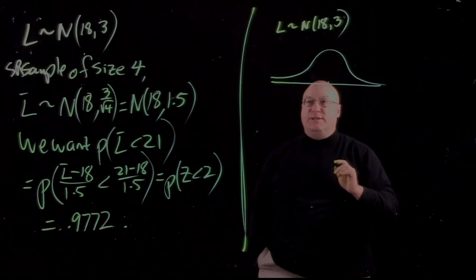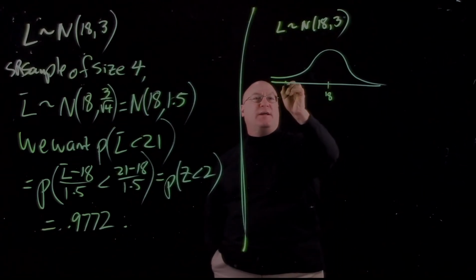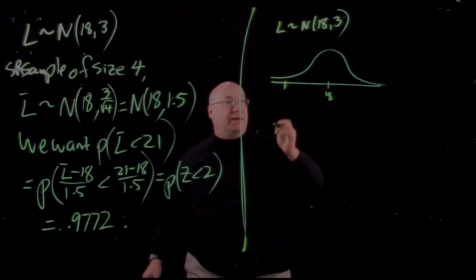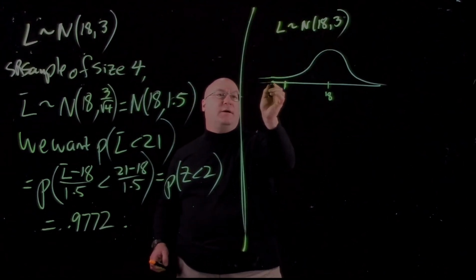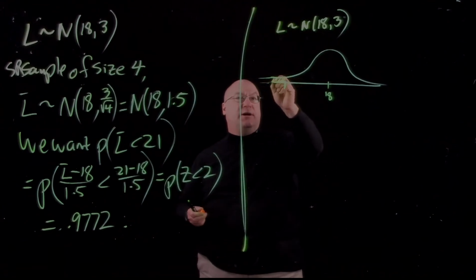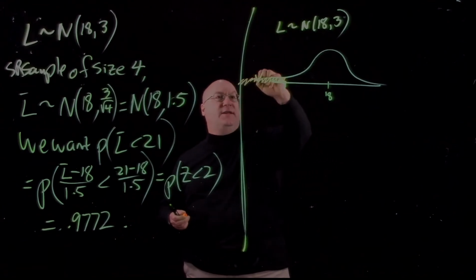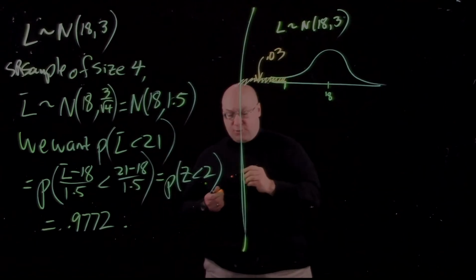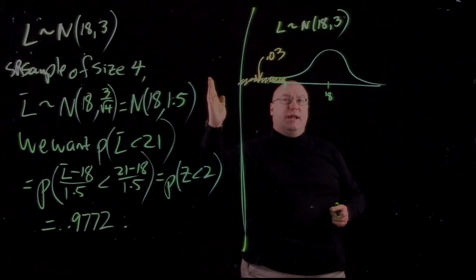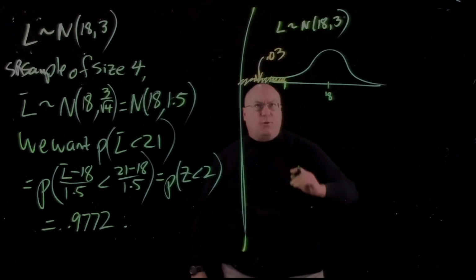What I want to do is find the L value back here, the cutoff, so that this probability is 0.015. So if a mouse only lives to be this long or less, it's 0.015.